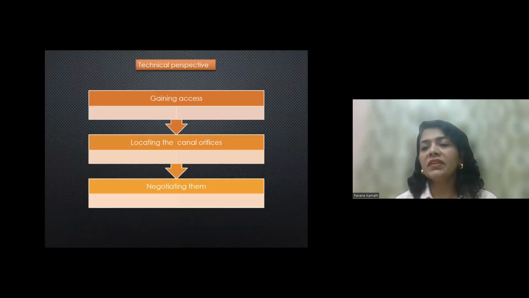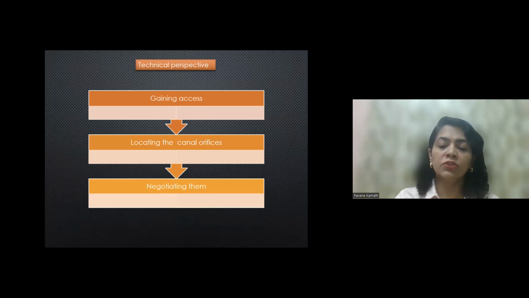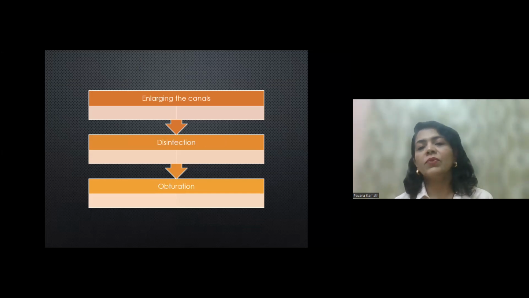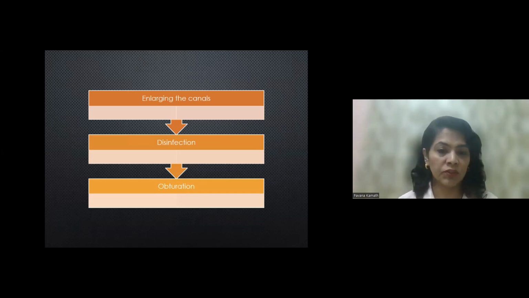Now, when we look at the technical perspective, it is something which all of us dentists are familiar with. Whenever we think of root canal, we are thinking about the technical aspects. That is, okay, we have a root canal to perform, so we have to gain access, locate the root canal orifices, negotiate them to the apical terminus, enlarge the canals, disinfect and obturate them.